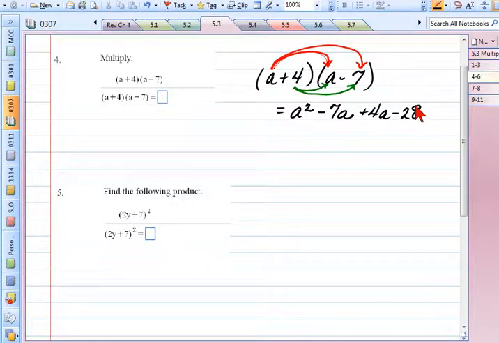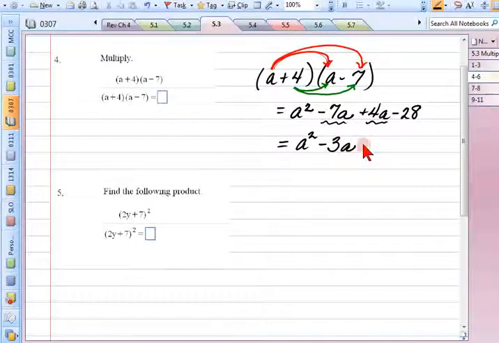In that expression, are any of those terms like terms? The negative 7a and the 4a. Okay, there are some like terms, so I can add those. I have a squared, and how many a's? Negative 3a minus 28.